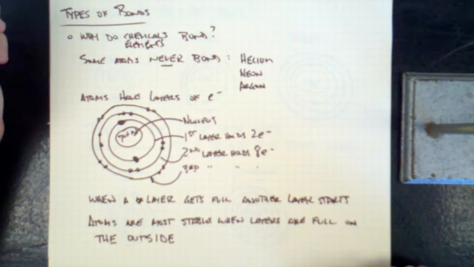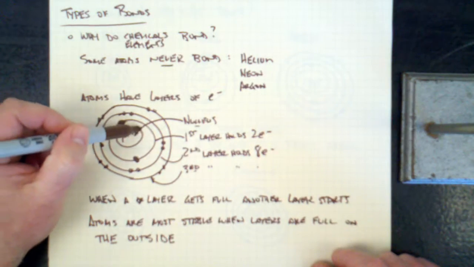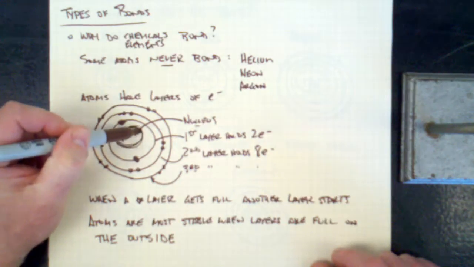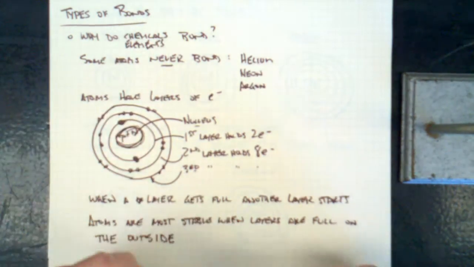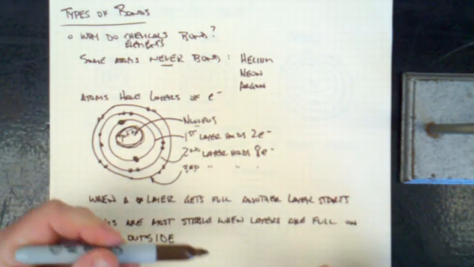Well, we have to look at the structure of an atom. The structure of an atom has a nucleus in the middle that has protons and neutrons in it. And then electrons are arranged in layers. In the first layer, we have 2 electrons.